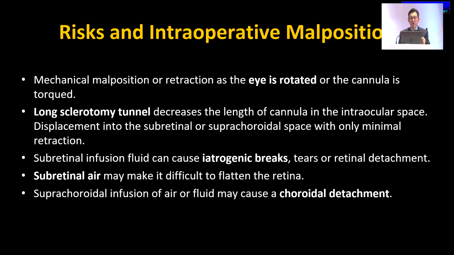So if you really think that the choroid is a bit thicker for whatever reason, enter straight in. And subretinal infusion fluid can cause iatrogenic breaks, tears or detachment like the one that has happened with me.